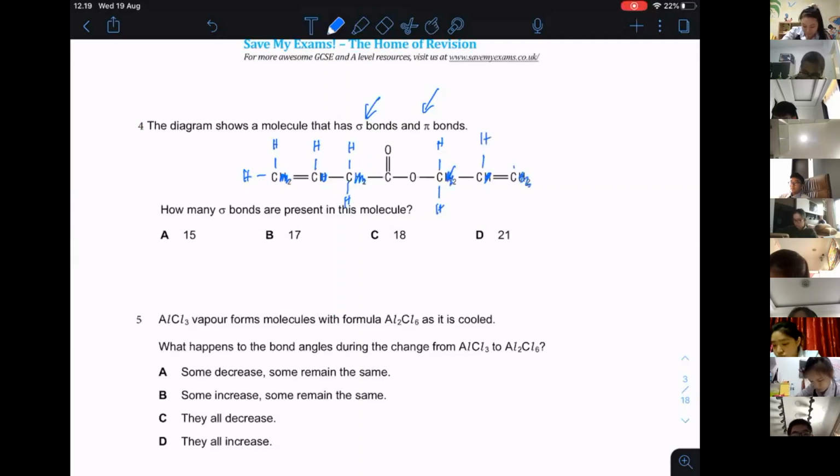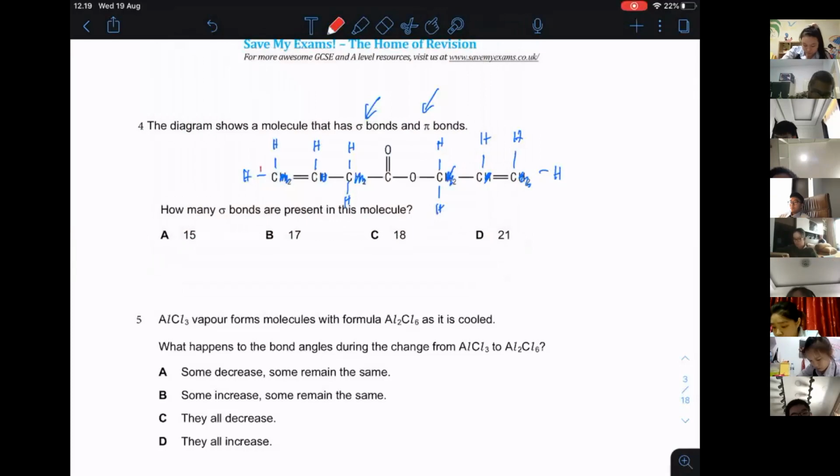Now if I count how many sigma bonds: this is 1, 2, one of it will be a sigma bond, so 3, 4, 5, 6, 7, 8, one of it will be a sigma bond, 9, 10, 11, 12, 13, 14, 15, 16, one of it will be a sigma bond, 17, 18. So the answer is going to be C.